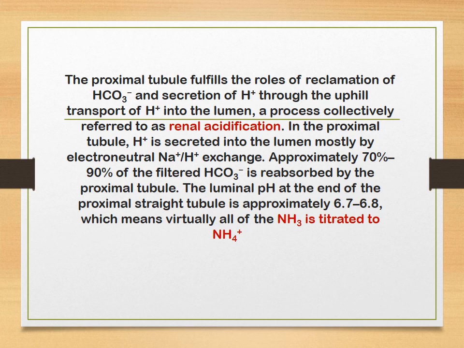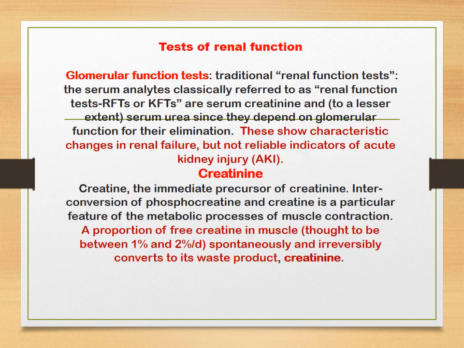Also, in the proximal tubule, hydrogen ion will react with filtered ammonia, which is a result of deamination of amino acids, titrating ammonia into ammonium. So hydrogen ion will titrate ammonia into ammonium. Hydrogen ion will be involved in what? In reformation of bicarbonate and its reabsorption.